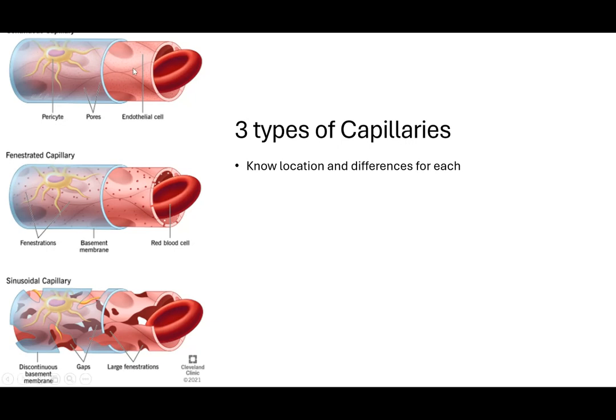So you can see the cells and you can see the lines separating each cell, right? These gaps are called intercellular clefts. Okay. And that's where things can actually diffuse through. But by all intents and purposes, these are continuous capillaries. Now, these guys are going to be located in or around the central nervous system, the lungs, muscle tissue, and also the skin. Okay.